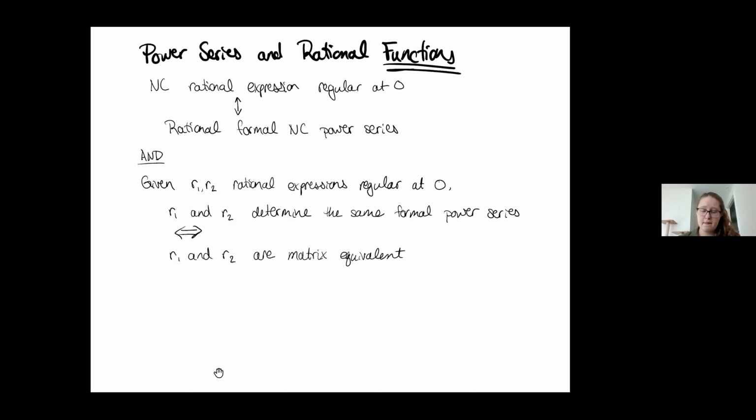One question. Is there a way to look at the power series coefficients and say if the power series is actually rational? I don't know off the top of my head. My instinct says no, but I think this is unclear. Merrick, maybe you know. I mean, yes, in some sense, but in the effective way, not really. It's the same sort of question with commutative power series, whether it's rational or not.